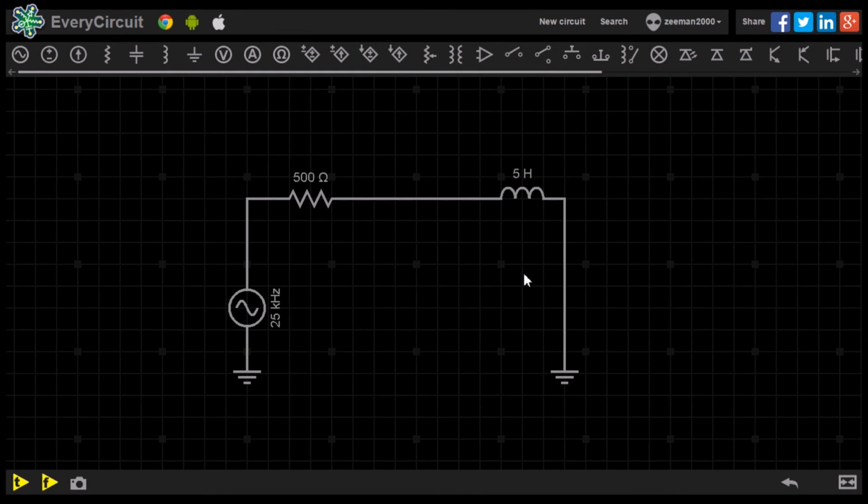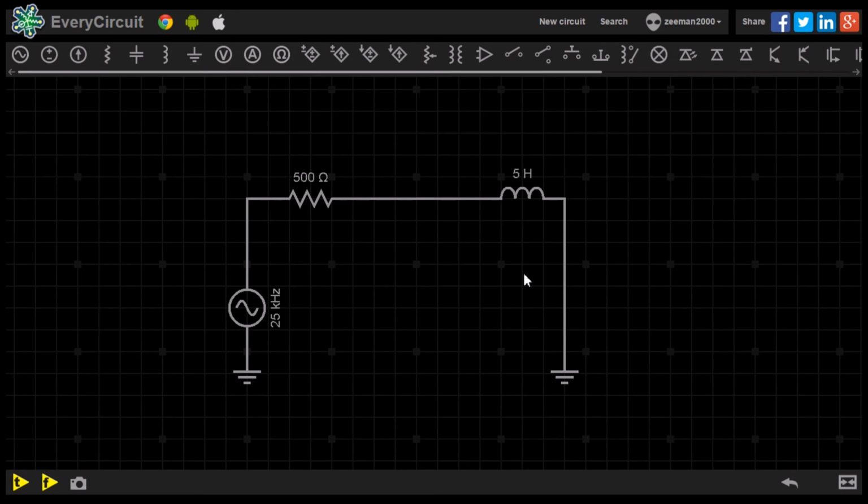Let's replace the capacitor with an inductor. The electromagnetic field which surrounds the coil induces a current in the opposite direction of the original current. This is inductor reactance, and it is also measured in ohms.